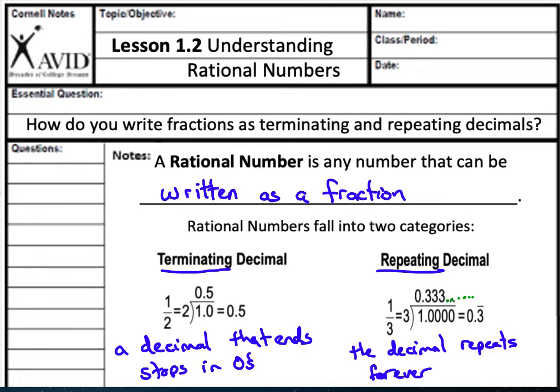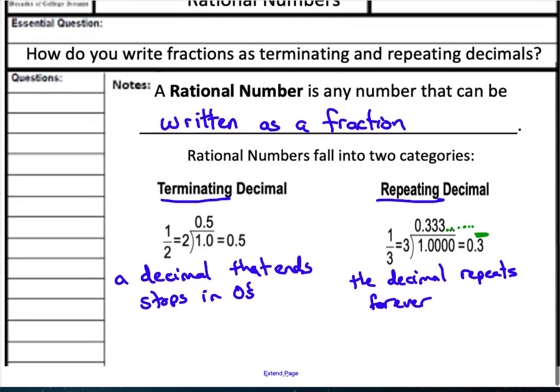That 3 is just going to keep going on and on and on forever. So when we know that is repeating, we put a little bar over the top to show that that part is repeating. Okay? Sometimes there's part of the decimal that isn't repeating, and then the very end of it starts to repeat. Sometimes it's one number, sometimes it's more than one number. But a repeating decimal is one that the end of the decimal just keeps repeating over and over and over again. Okay?